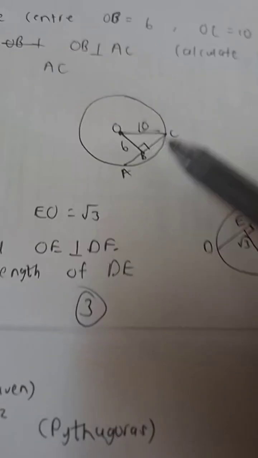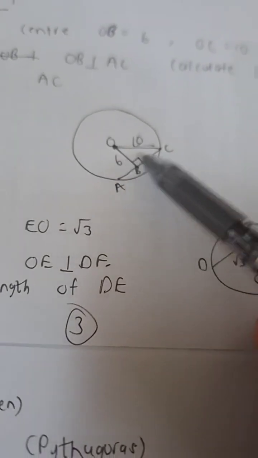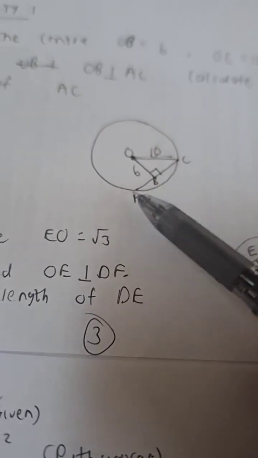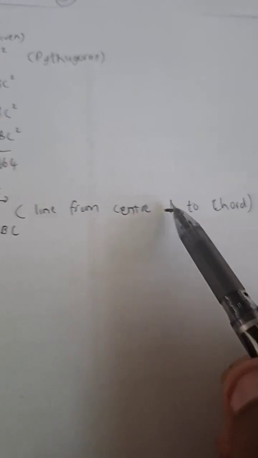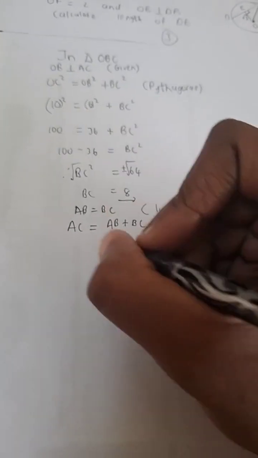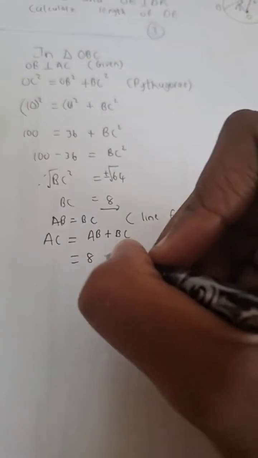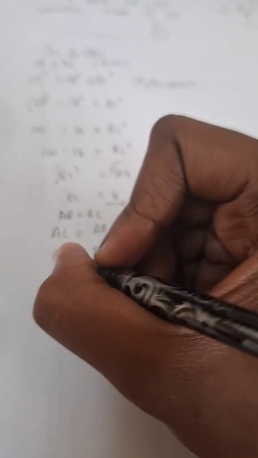This is something we conclude based on the fact that a line from the center perpendicular to the chord bisects the chord. Therefore, we know that AB is equal to BC, line from center perpendicular to the chord. That means we found that BC is 8, so we know 8 plus 8.